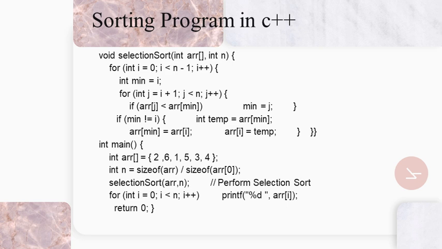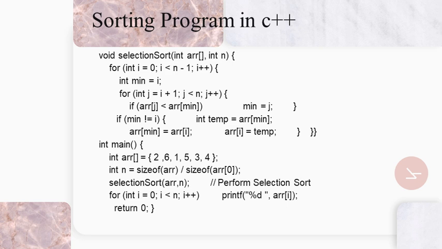Within the for loop, first we take the value of i, that is the index position, at which we are going to store the smallest element. So first the smallest element will be stored in the zeroth position, and on each iteration it gradually moves to the next position. So on the second iteration the smallest value will be in the first position, like that.